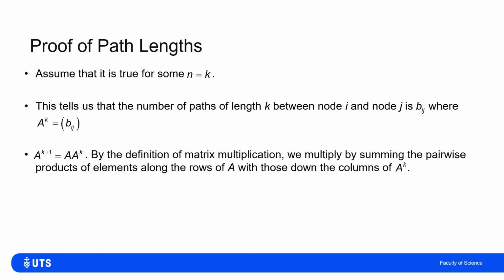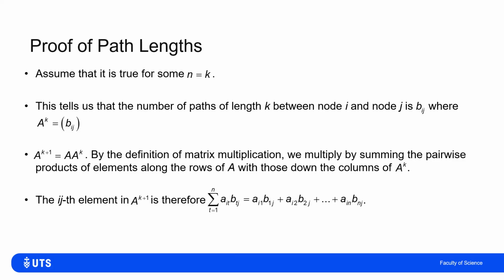But we know we do matrix multiplication by these sums of pairwise products. I multiply along the row of the first matrix, in this case A, with down the columns of the second matrix, in this case A to the k. So I want to work out the ijth element of the new matrix A to the k plus 1. Then I'm summing all of these A's multiplied by the corresponding element in the B matrix.